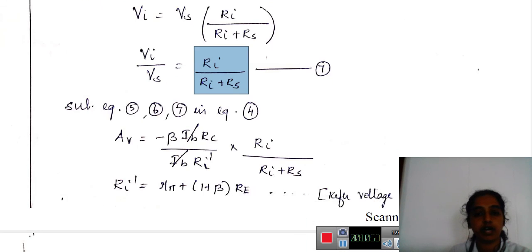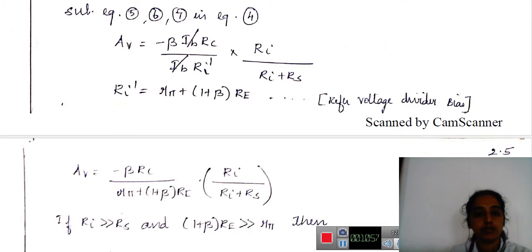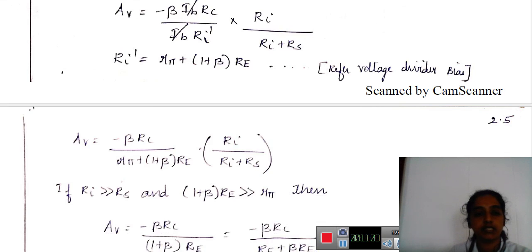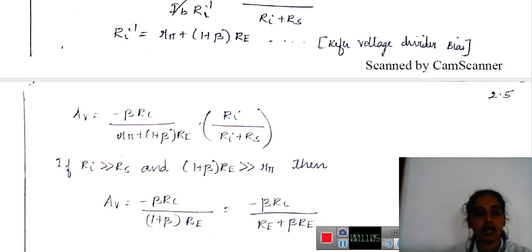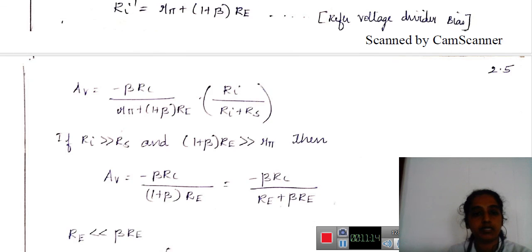Substituting the value of Ri dash, we get AV, voltage gain, is equal to minus beta into RC by Ri dash value into Ri by Ri plus Rs. Now consider Ri value is greater when compared to Rs, and in the second term, 1 plus beta into Re, beta is greater when compared to 1.